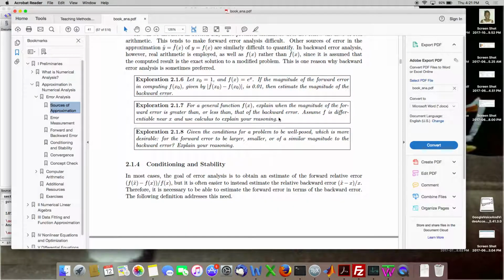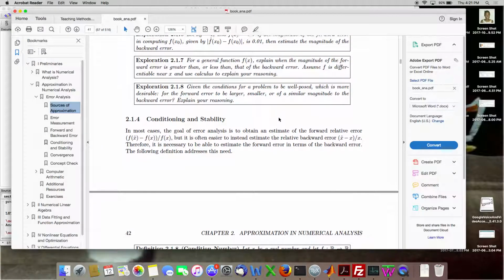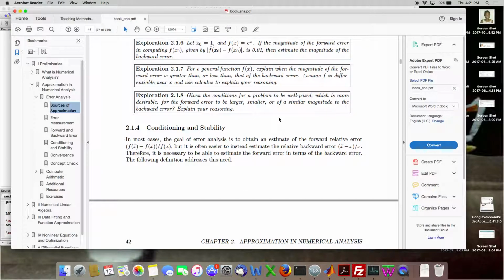Okay. Now, as far as the problems that pose the most difficulty in section 2.1, this is the first one that was mentioned, number 8.